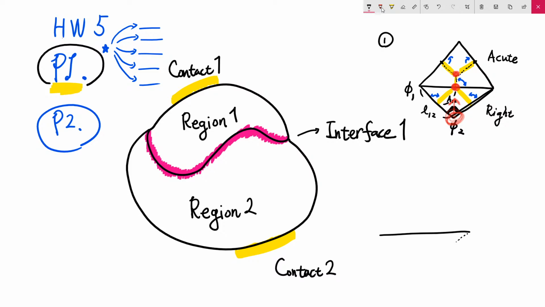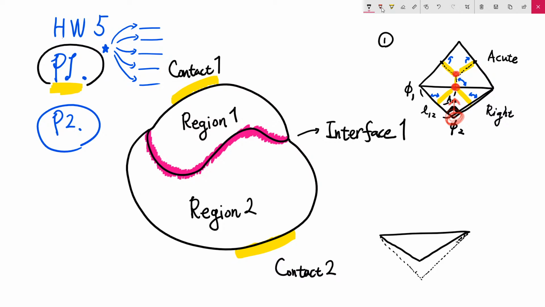So if we have a right triangle, let's say this is the right angle, then our new triangle is now given this way.